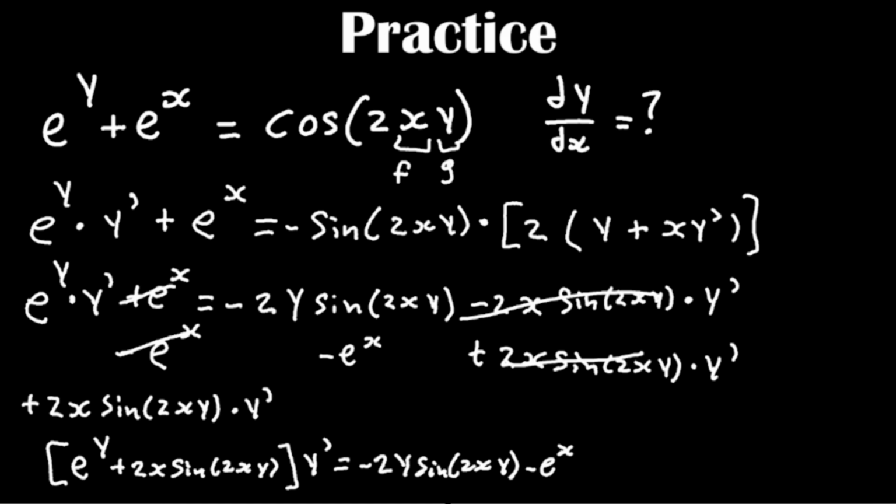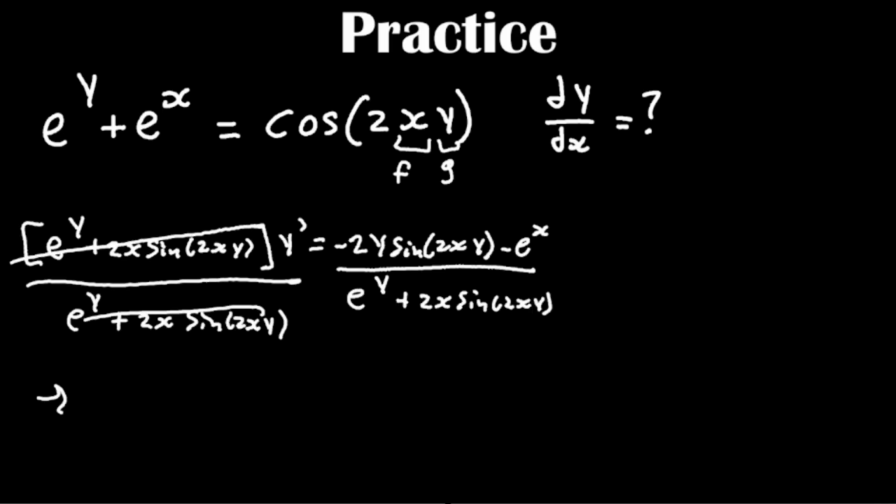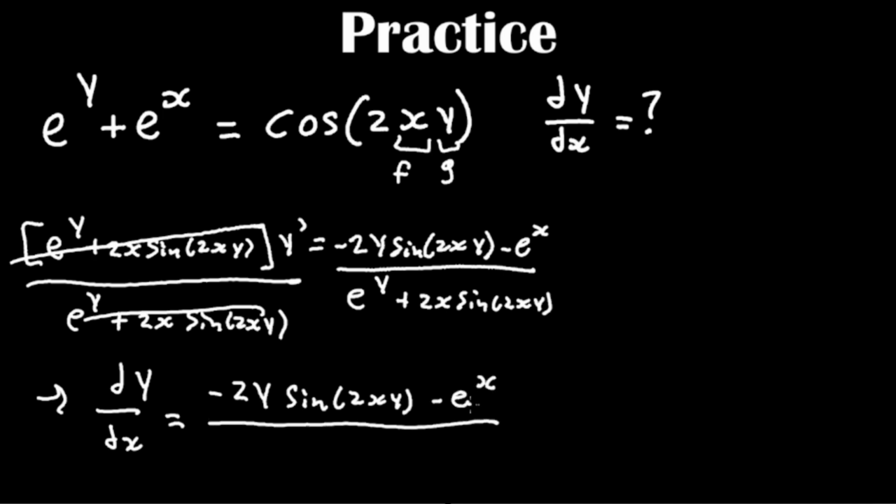So the final step would be to divide by e to the y plus 2x sine of 2xy. So when we divide both sides by that, we get our derivative, dy/dx, is equal to negative 2y sine of 2xy minus e to the x, all over e to the y plus 2x sine of 2xy.